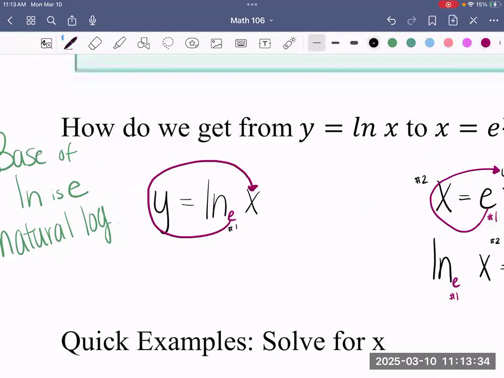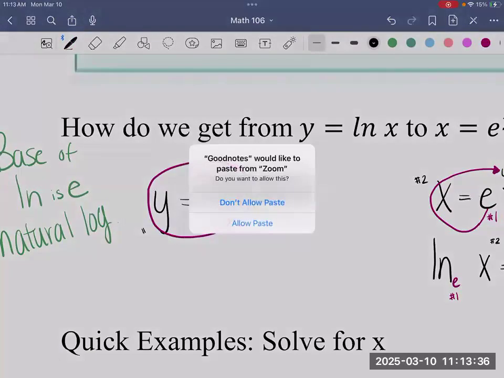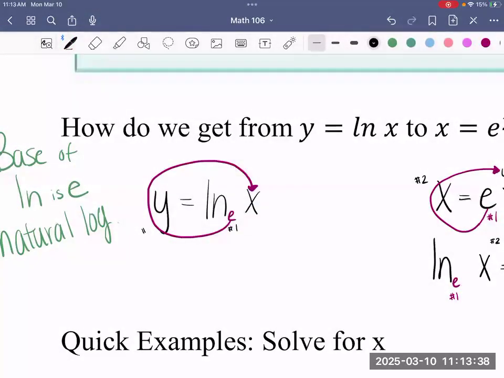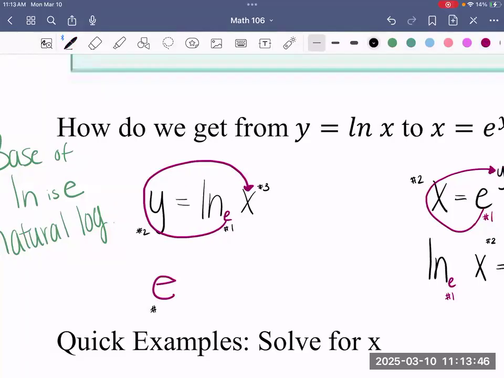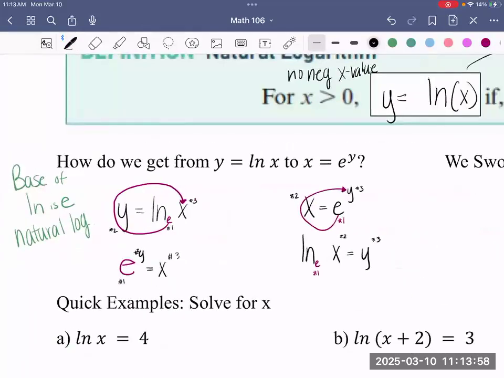So this is number 1, number 2, and this is number 3. So we write your base e, that was number 1. Then you go up to your exponent, this is number 2, is equal to the last one, x, that is number 3. So they should look very similar to one another. So that is your swoop method.